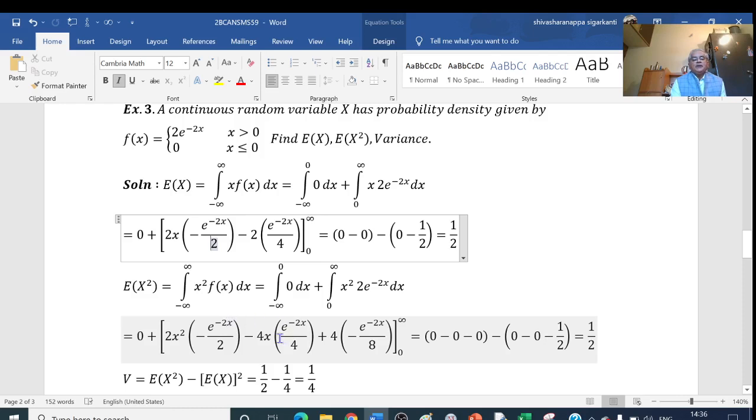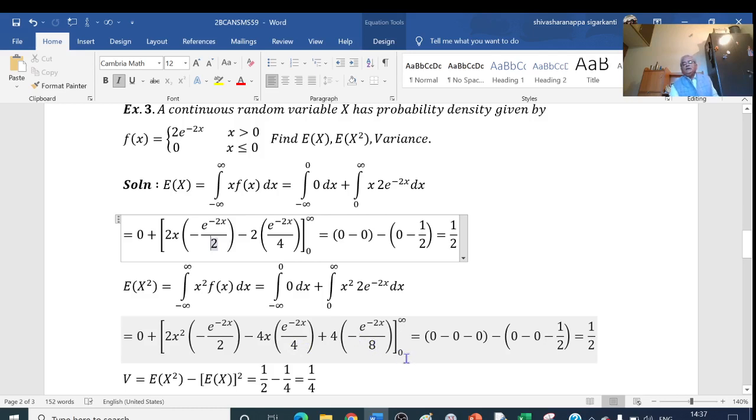That means minus minus becomes plus, e^(-2x) by 4. Next write plus: first positive, negative, again positive. Then we write the differentiation of this: the derivative of 4x is 4, into the integration of the second part, which is minus e^(-2x) divided by 2. Already one 4 is here, so 4 into 2 becomes 8 with a negative sign.